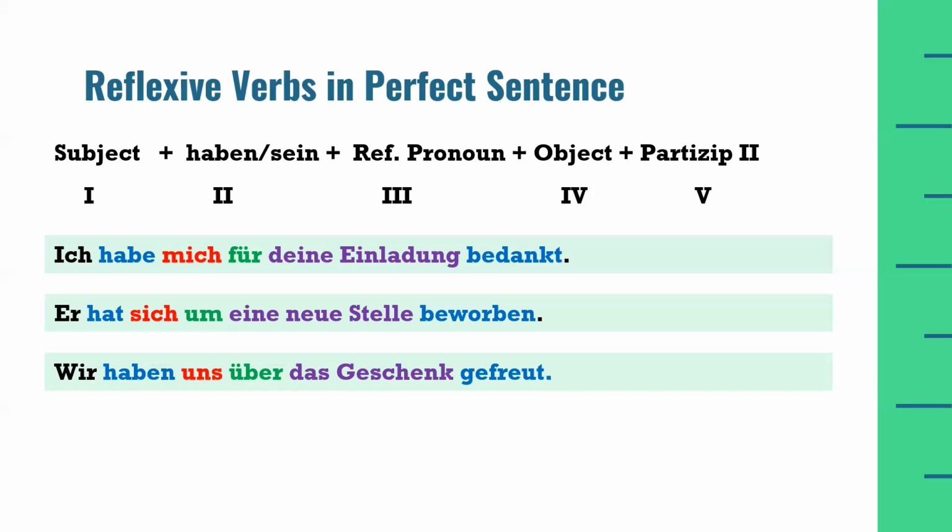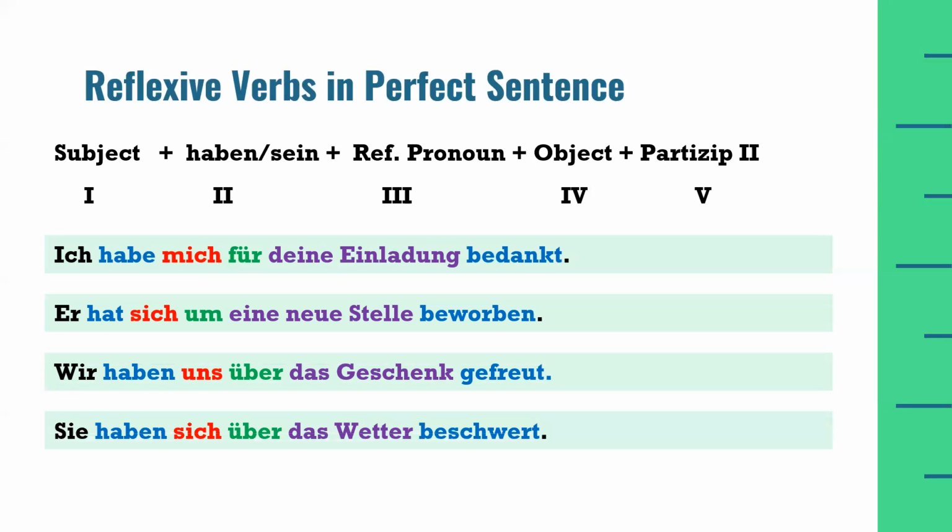Then comes the accusative preposition über, das Geschenk, and the participe zwei comes at the last position. The participe zwei form of freuen is gefreut. Sie haben sich über das Wetter beschwert. They complained about the weather.